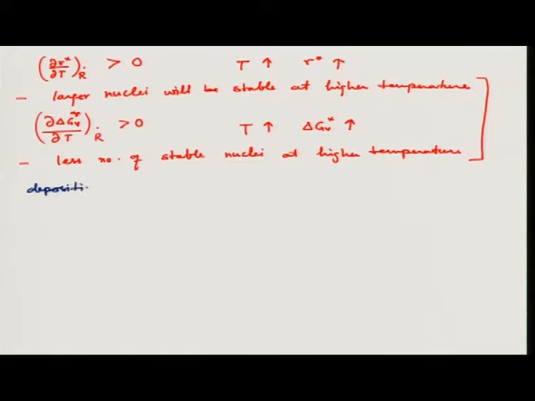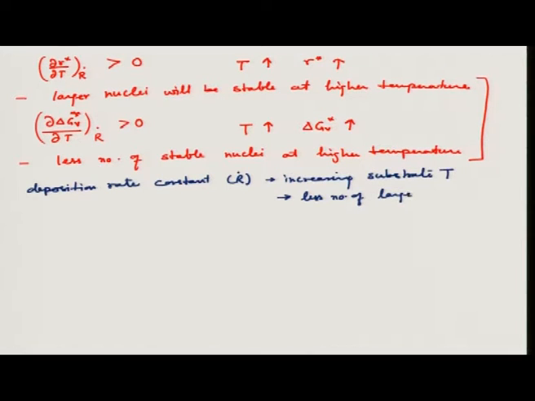Okay. So, combining these two, you can say if you keep the deposition rate constant, which is R dot, and increase the substrate temperature, okay, increasing substrate temperature will result in a smaller number of large nuclei.